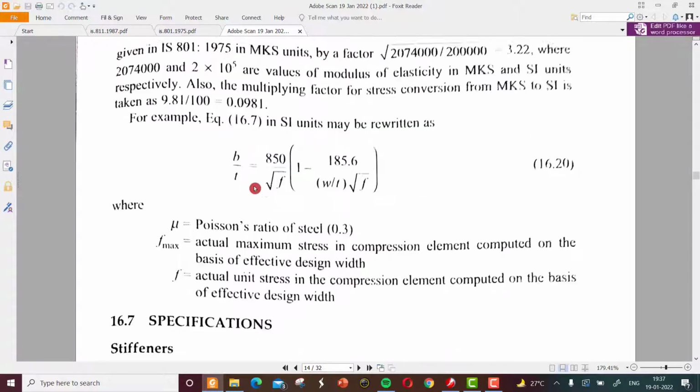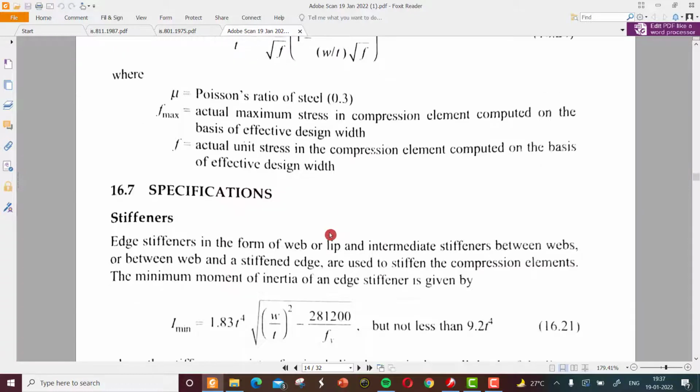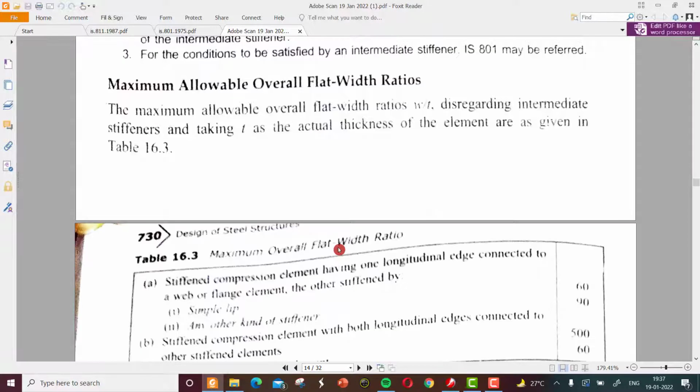And in this equation the mu is the Poisson's ratio, substituted here. F max is the actual maximum stress in the compression element, based on effective design width, and fs is the actual stress. And specifications for stiffness you can skip for the time being.